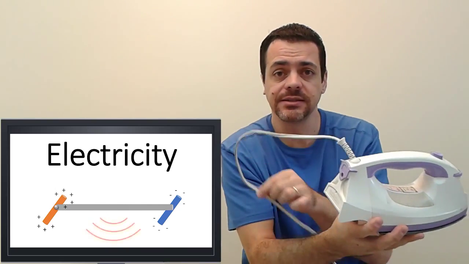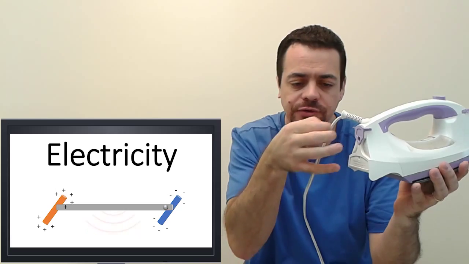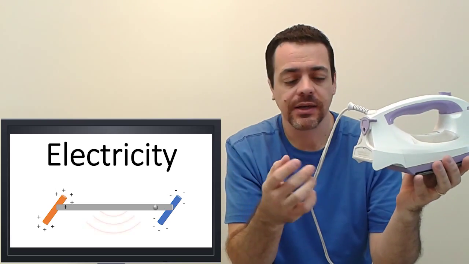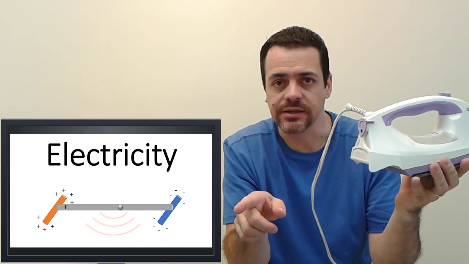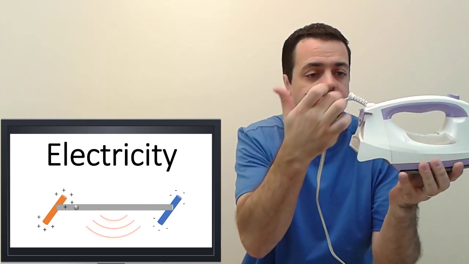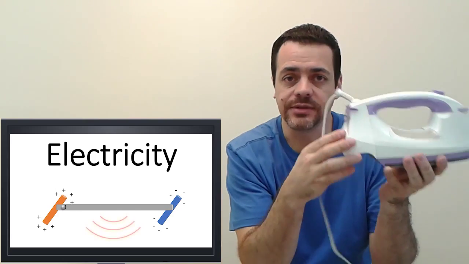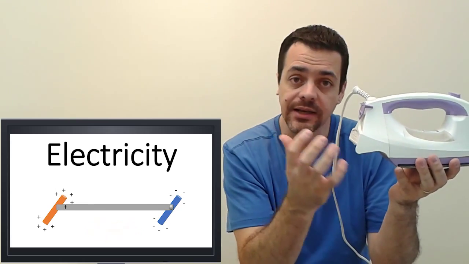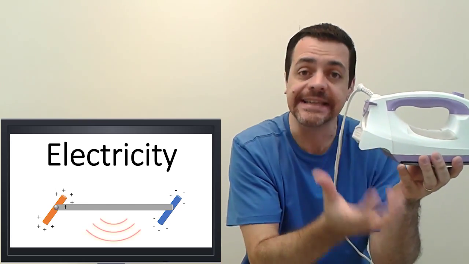The same thing with this iron. If I connect this to the electric energy, notice that I have 2 cables, one cable made of 2 parts. One part will be connected to the positive and the other to the negative of the electric energy. So the electrons travel through this iron, and the iron transforms the electric energy into heat.